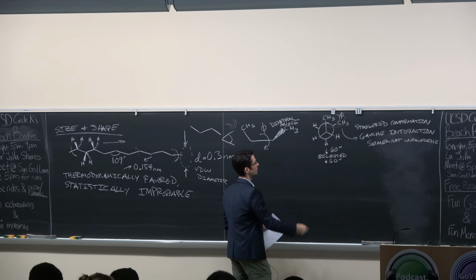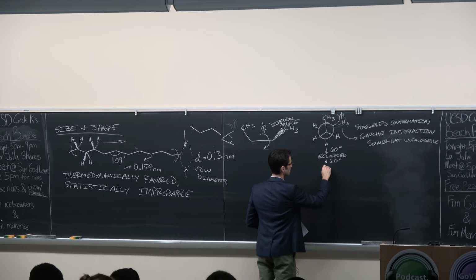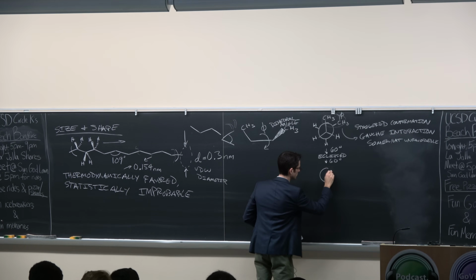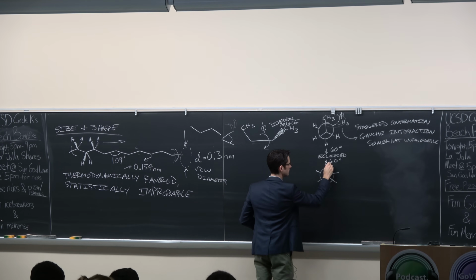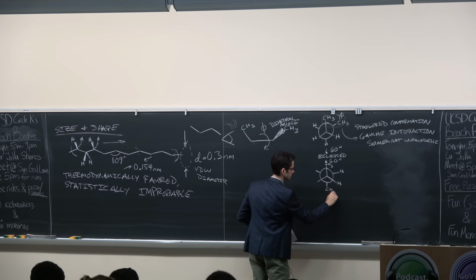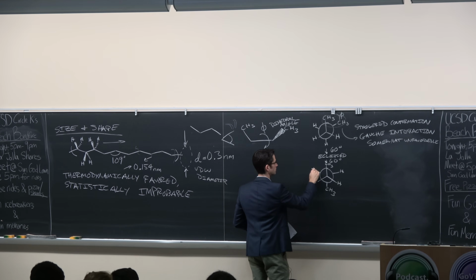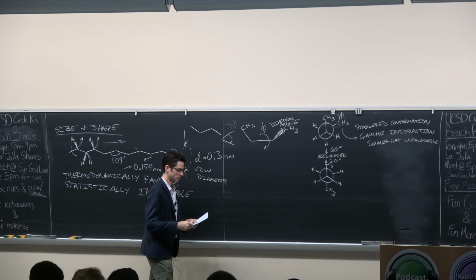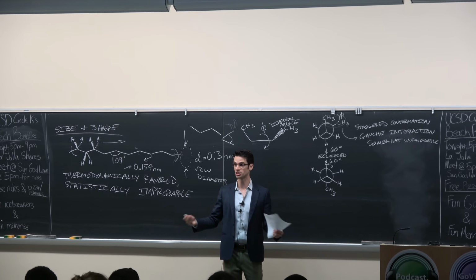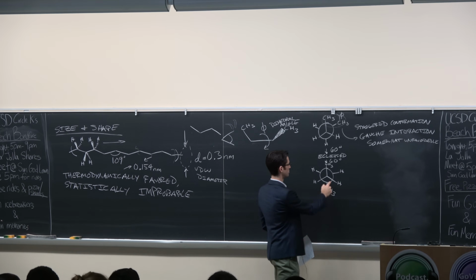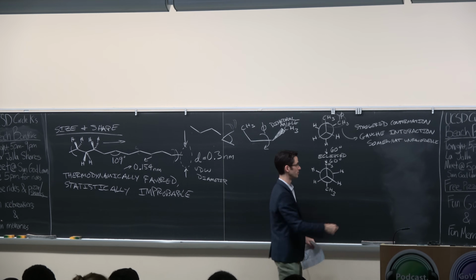Now we move another 60-degree increment, and we get this conformation, which is another staggered conformation, but there are no gauche interactions between the methyl groups. So this one is the most favorable conformation.